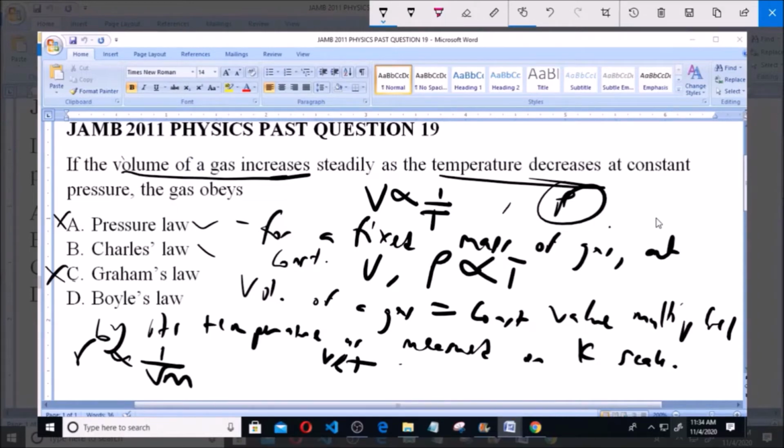And lastly, Boyle's law, which has to do with pressure and volume, states that the pressure of a gas is inversely proportional to its volume, provided that temperature remains constant. So from what we've seen here, the one that has to do with volume and temperature is Charles' law, and Charles' law is option B, which is the correct answer to this question.